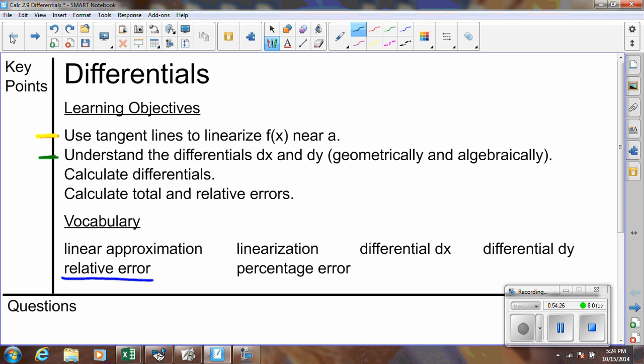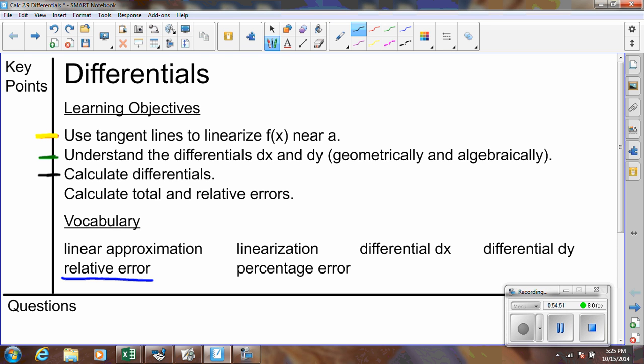You should understand differentials dx and dy as the rise and run of the linearization. That's geometric. But you should also know the formulas for how you would be able to calculate dx and how you could calculate dy. Those formulas we would use to calculate differentials.